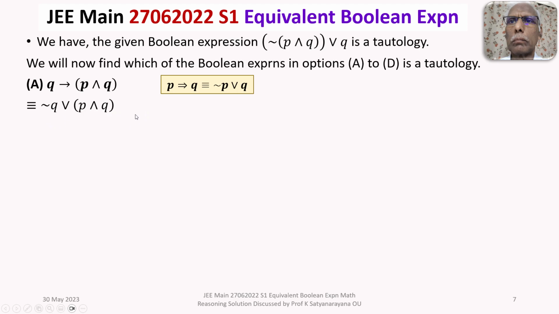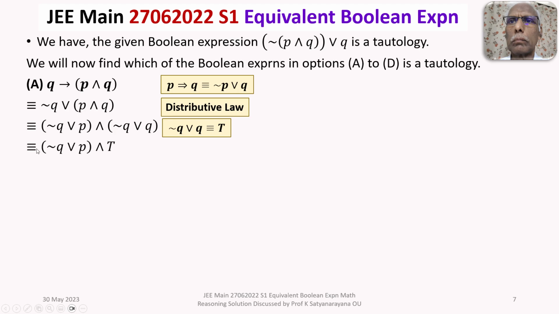Now we use the distributive law, which gives negation of Q or P, and negation of Q or Q. Negation of Q or Q is a tautology, so it is logically equivalent to (negation of Q or P) and T. And for any statement P, P and T is logically equivalent to P only. So in this case, it is logically equivalent to negation of Q or P.